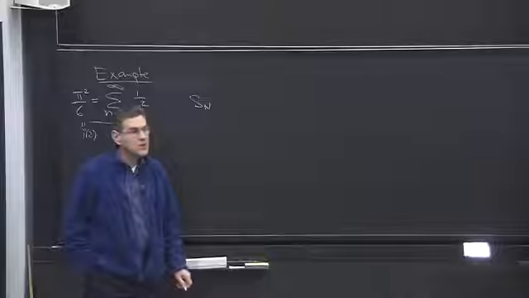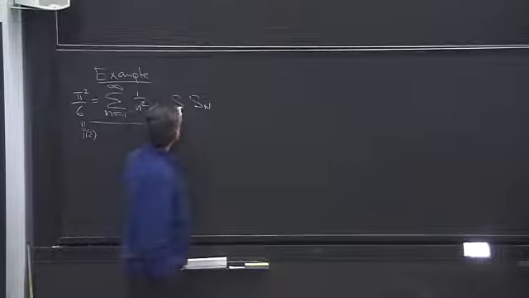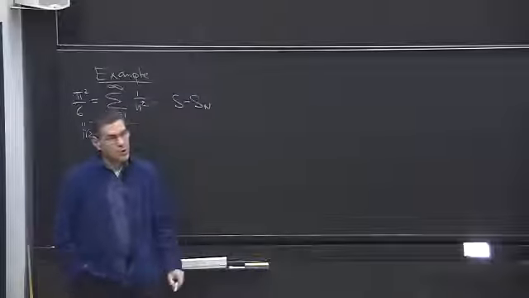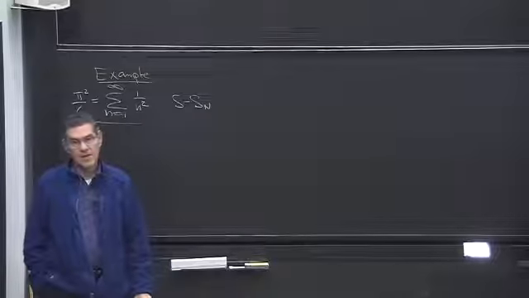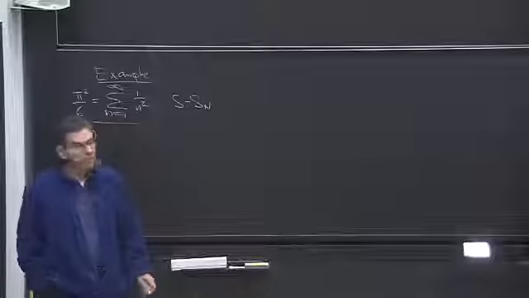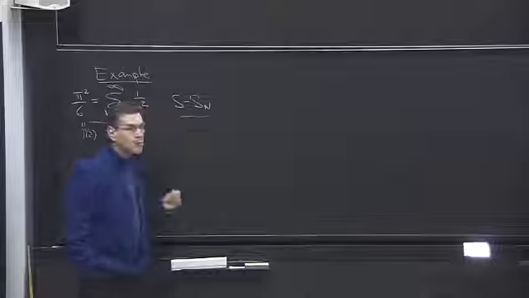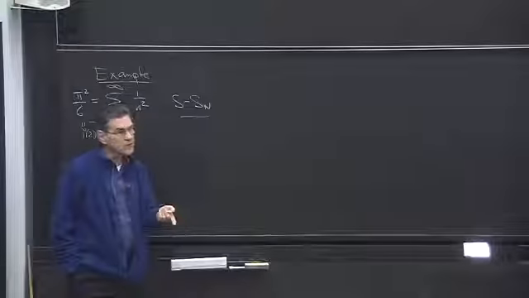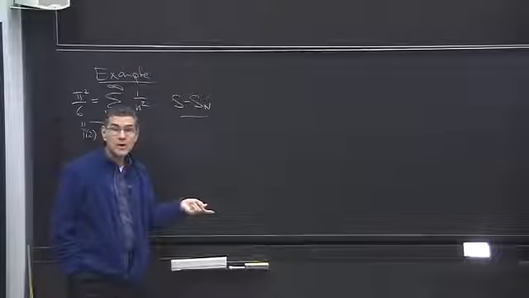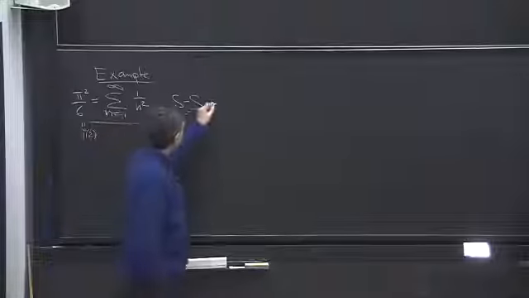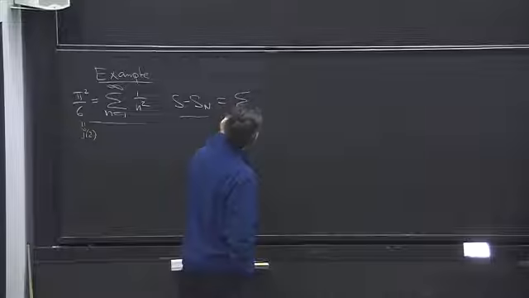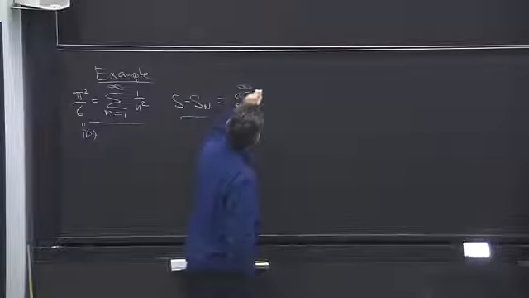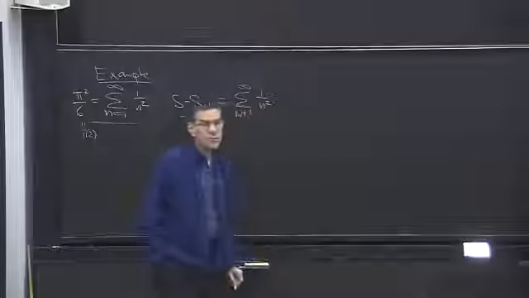What is the difference between the sum of the series and the nth partial sum? That's the error, the amount by which your calculation by adding up the terms and the exact answer disagree. So this is the sum from n plus 1 to infinity of 1 over n squared.